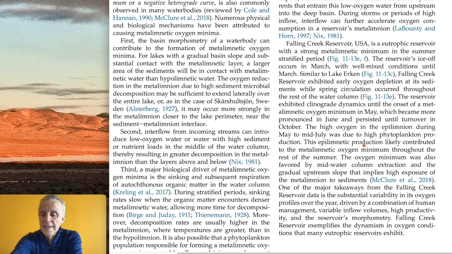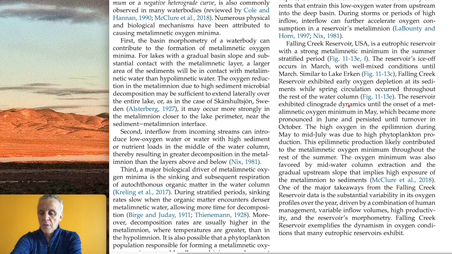The high oxygen in the epilimnion during May to mid-July was due to high phytoplankton production. This epilimnetic production has likely contributed to the metalimnetic oxygen minima throughout the rest of the summer. The oxygen minimum was also favored by mid-water column extraction and the gradual upstream slope that implies high exposure of the metalimnion to sediments.